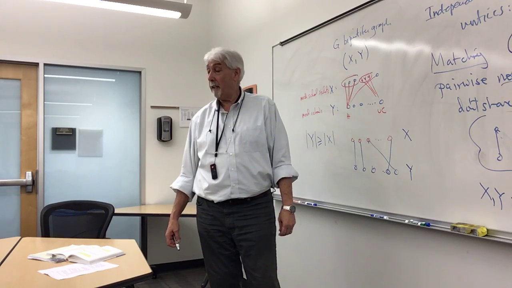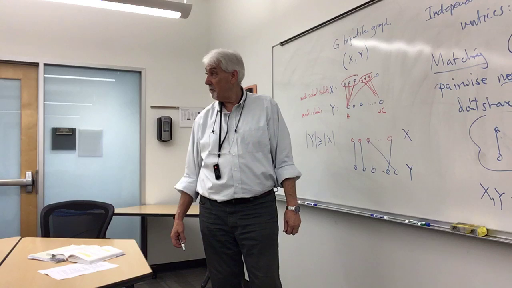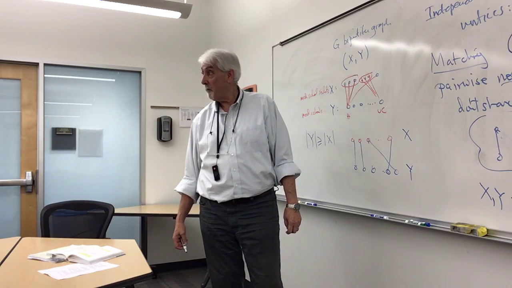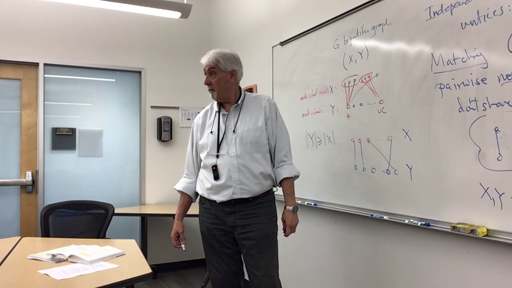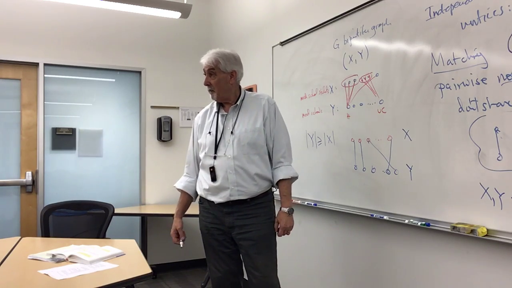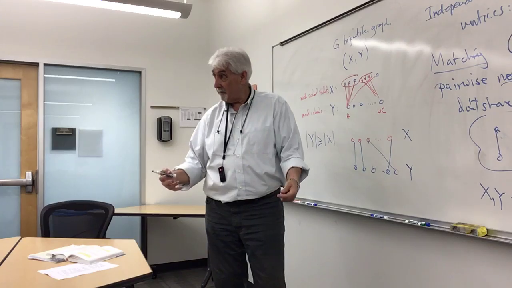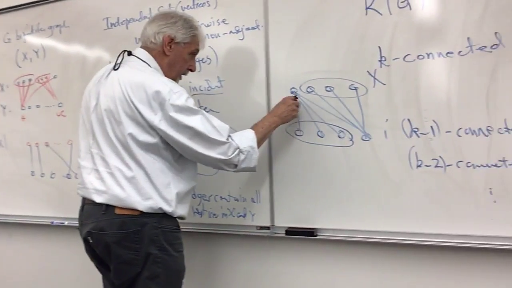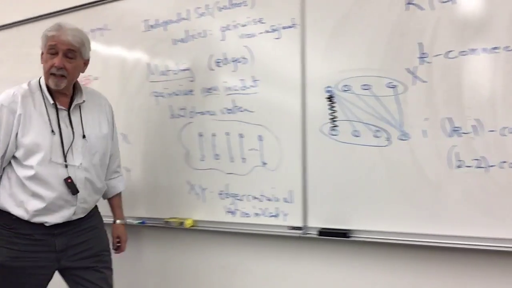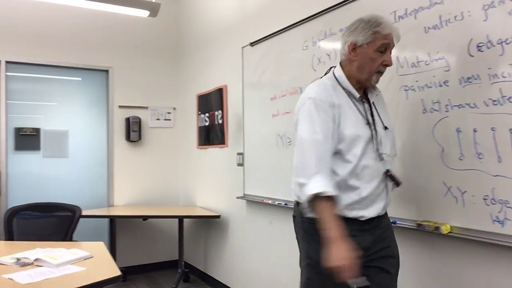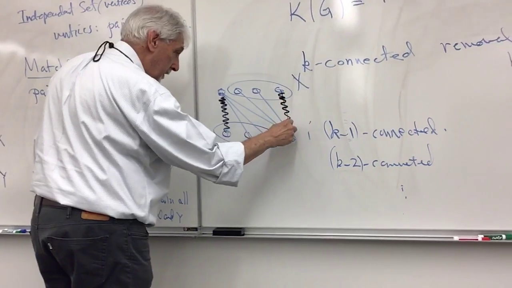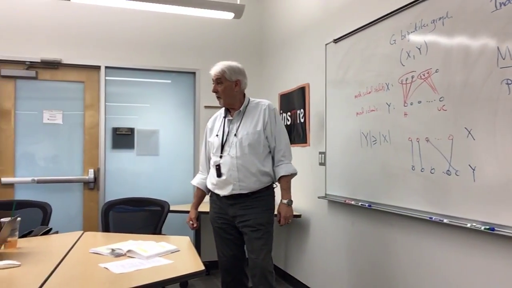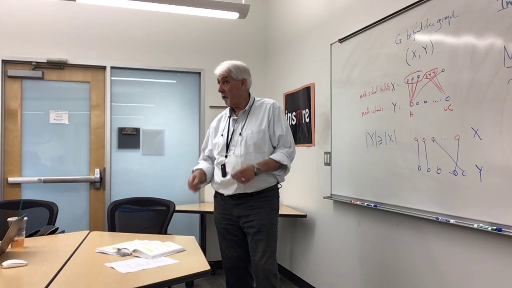Or how big is the largest set of independent edges? Can you find one? Sure, I can find one. There's one independent edge. Can I find a second independent edge? I can find the second independent edge. Can I find a third? A fourth? If I can't find a third, I can't find a fourth.